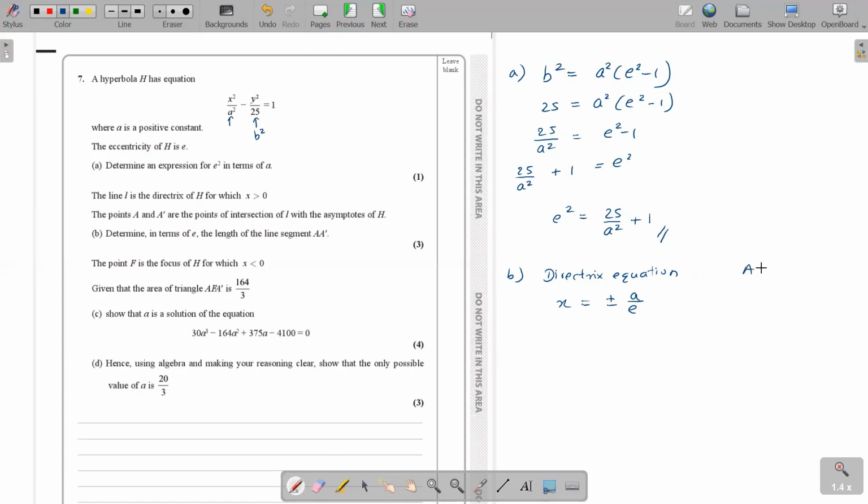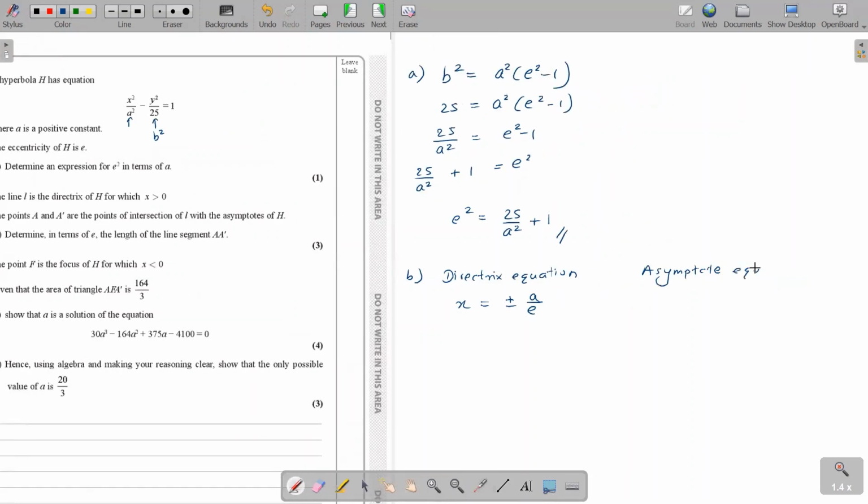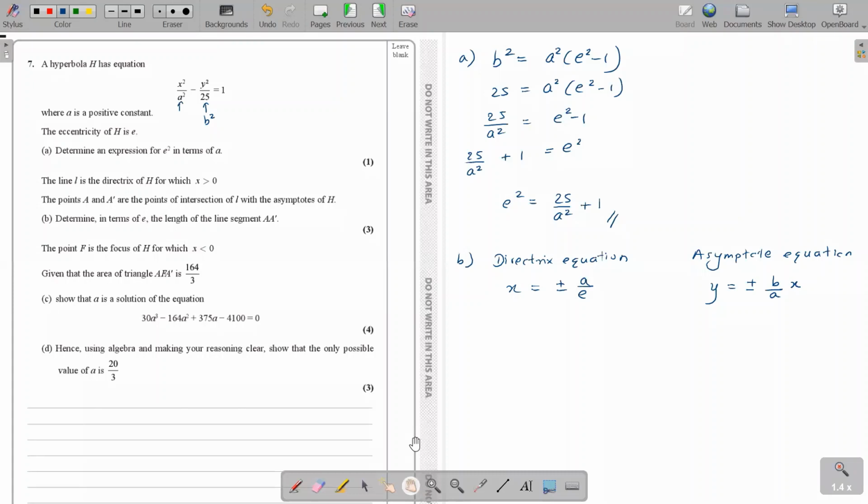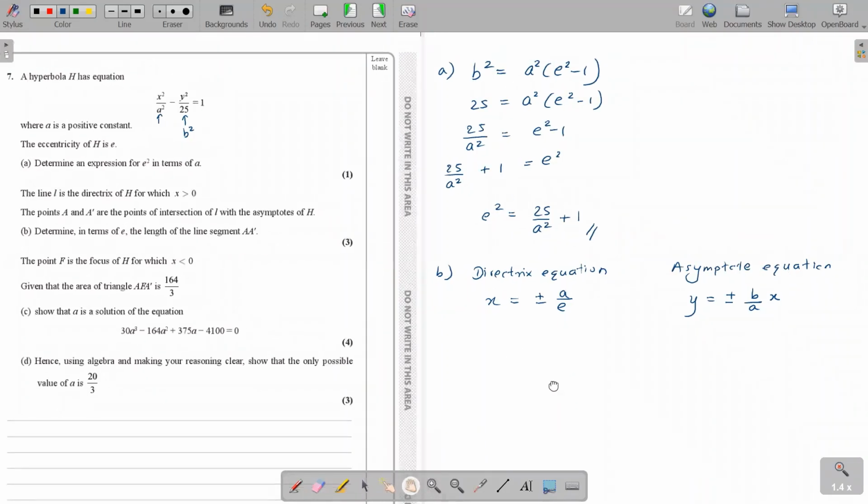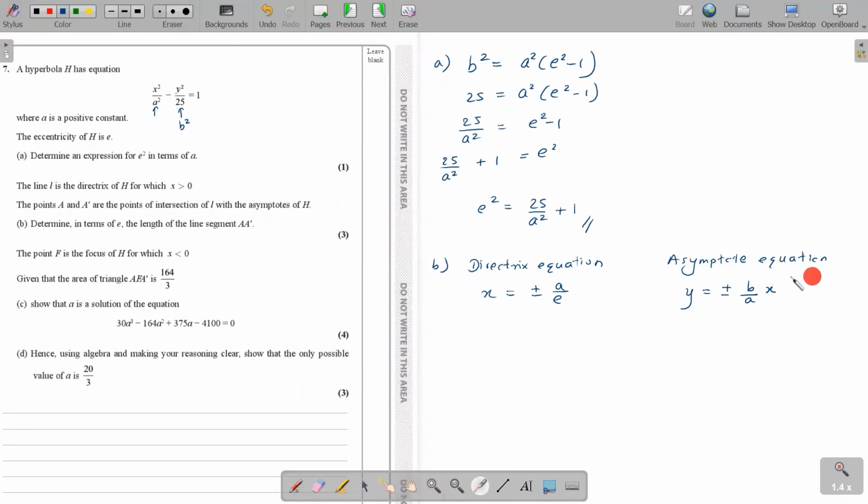And what about the asymptote equations of a hyperbola? These are all given in the second chapter. So I wrote the asymptote equations y equals plus or minus b over a times x.